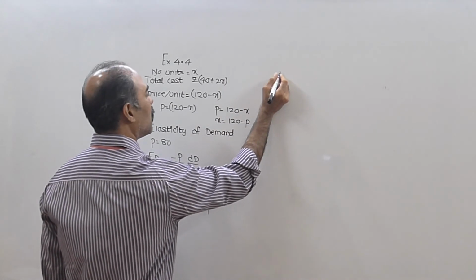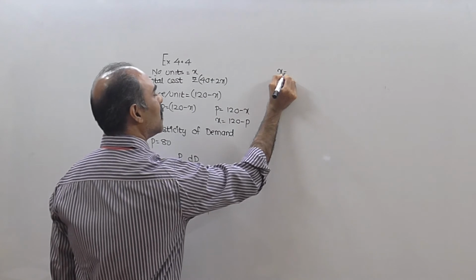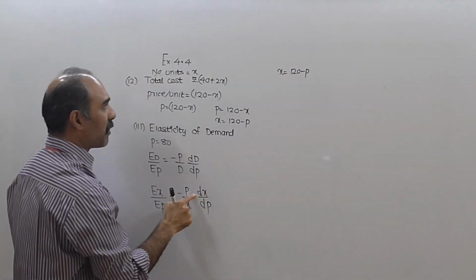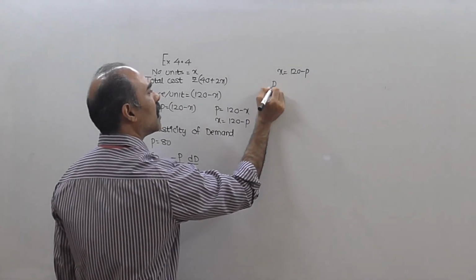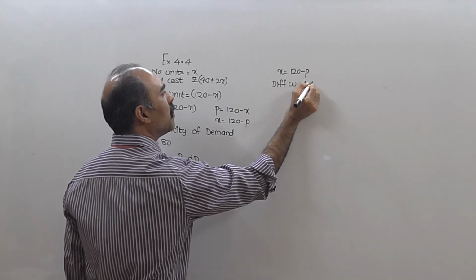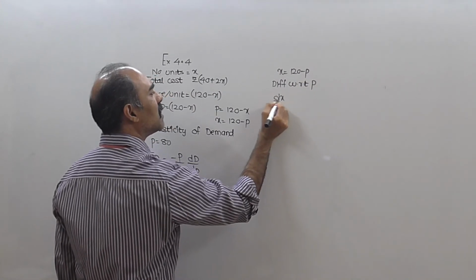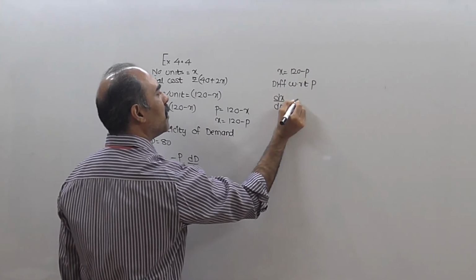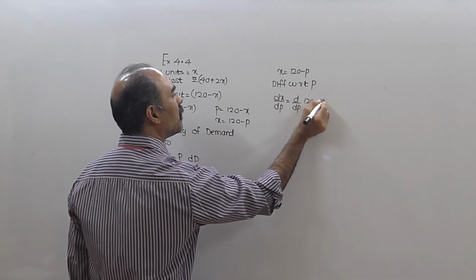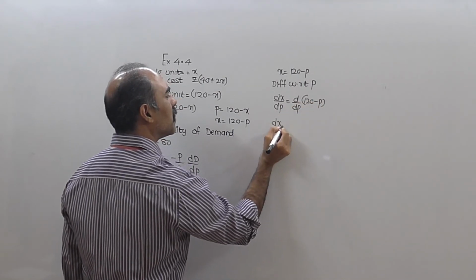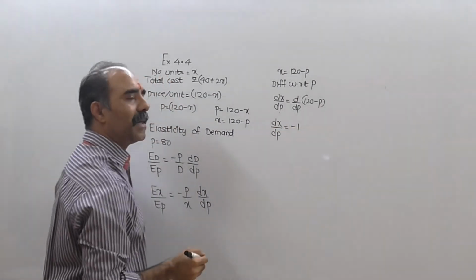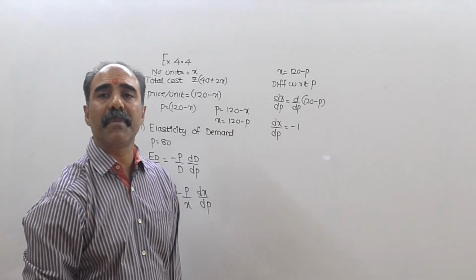So first of all, I will say that X equals 120 minus P. Because I want to find dX upon dP, I will differentiate with respect to P. So I get dX upon dP equal to d by dP of 120 minus P. The derivative of 120 is 0 and the derivative of P is minus 1.